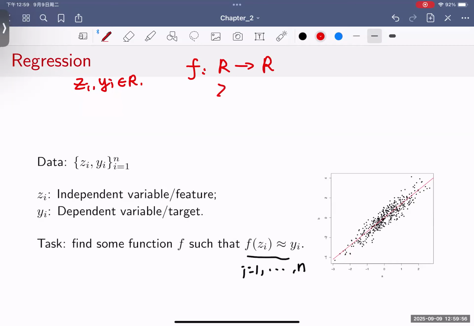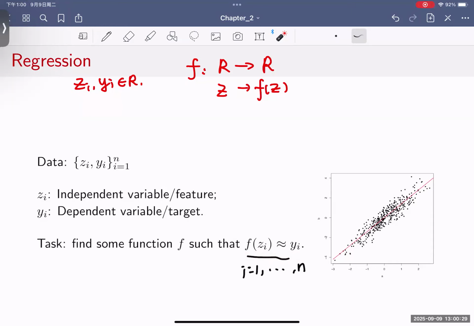It's just a mapping from z to f(z), and we want to make f(z) close to y. If we can search all the possible functions from R to R, we just pick the best one, whose f makes f(zi) close to yi, and that will become our f.